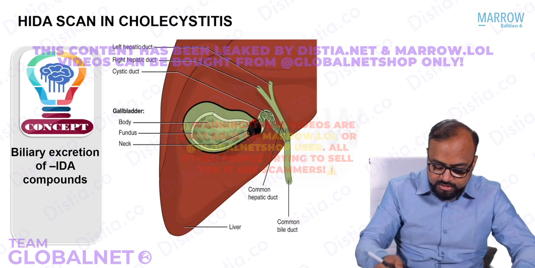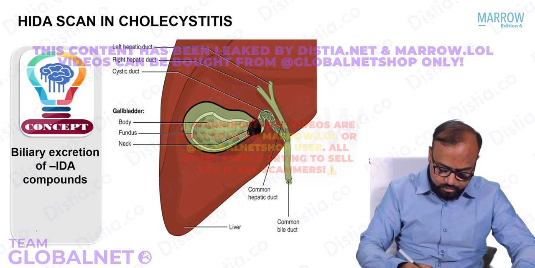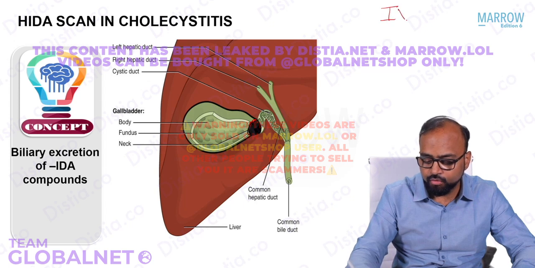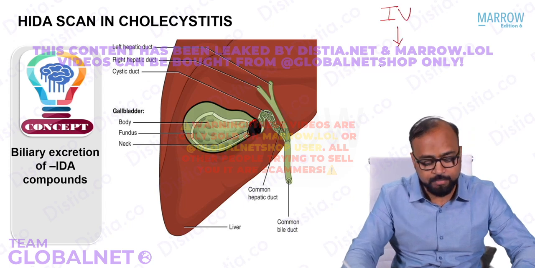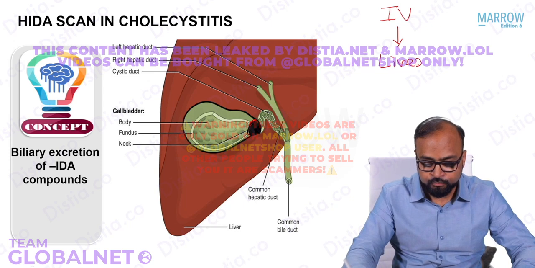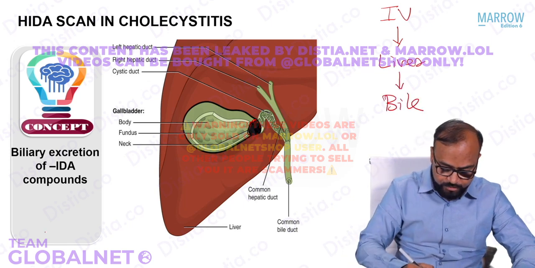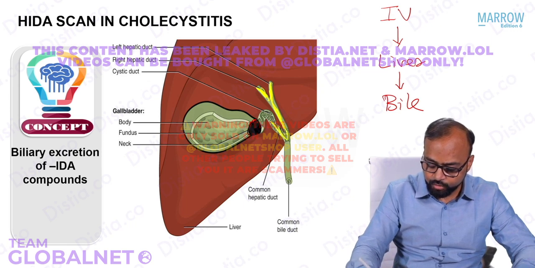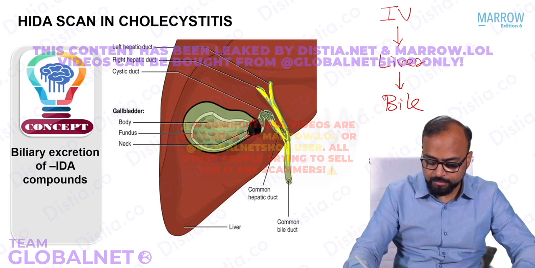Now in this patient, if I do a HIDA scan, what will I see? In this particular patient, the HIDA compound will go from the bloodstream intravenous compartment to the liver. From the liver, it will come into the bile. So what will you see? In bile, it will opacify the right hepatic duct, left hepatic duct, common hepatic duct. It will go into the cystic duct. It will come into the common bile duct.